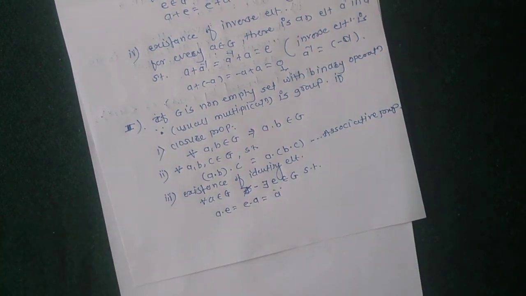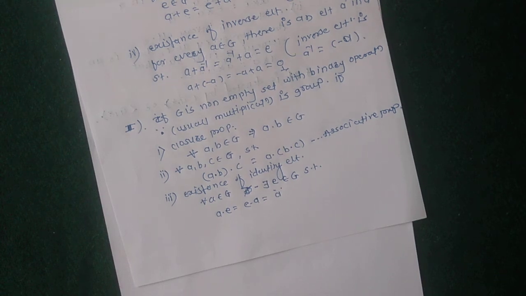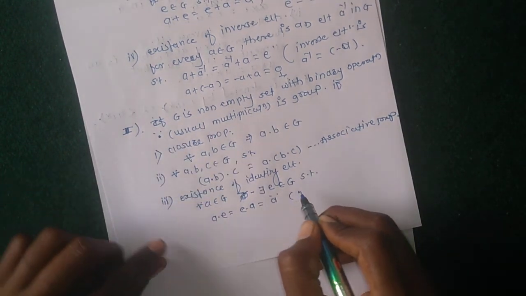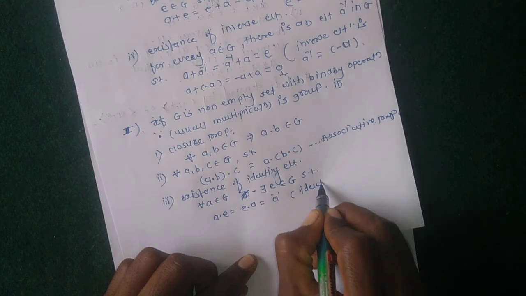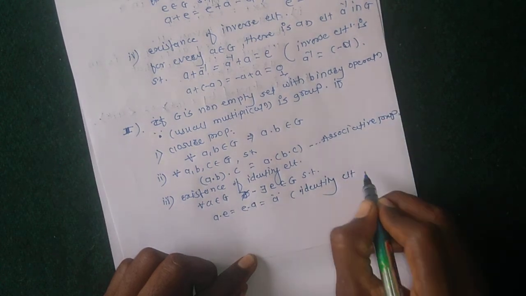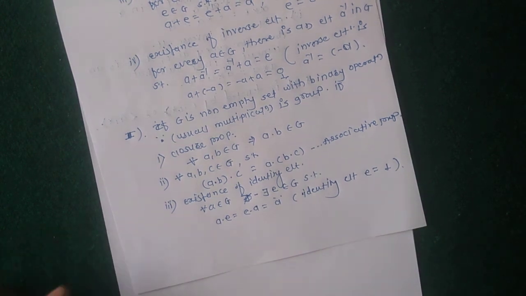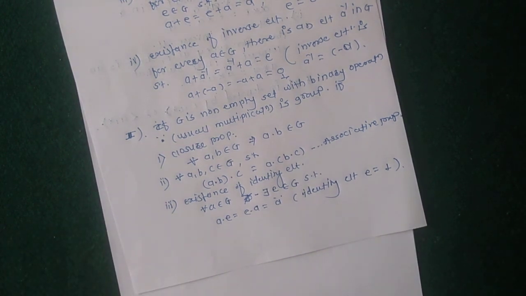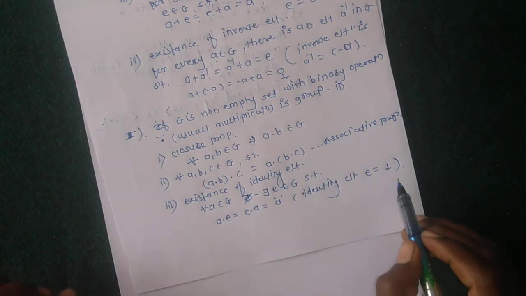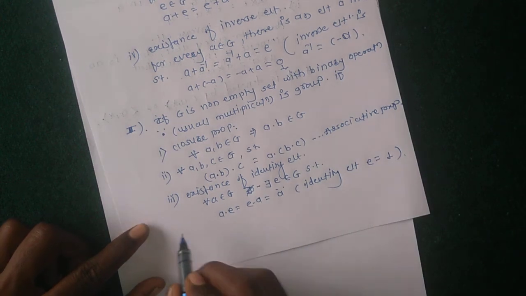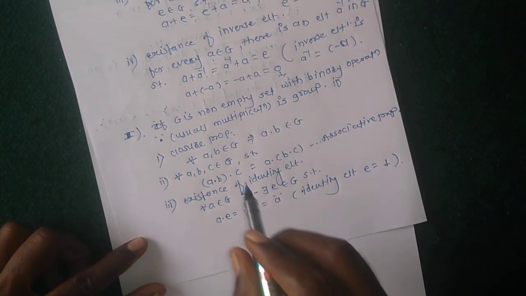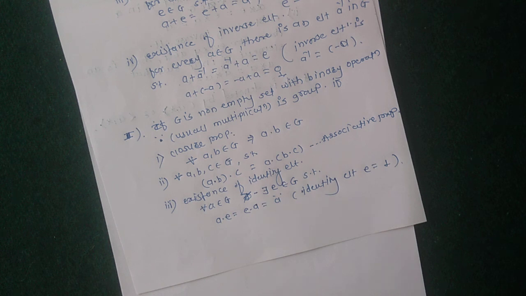When this condition is satisfied, the identity element is e equals 1. When the binary operation is usual multiplication, the identity element is 1.